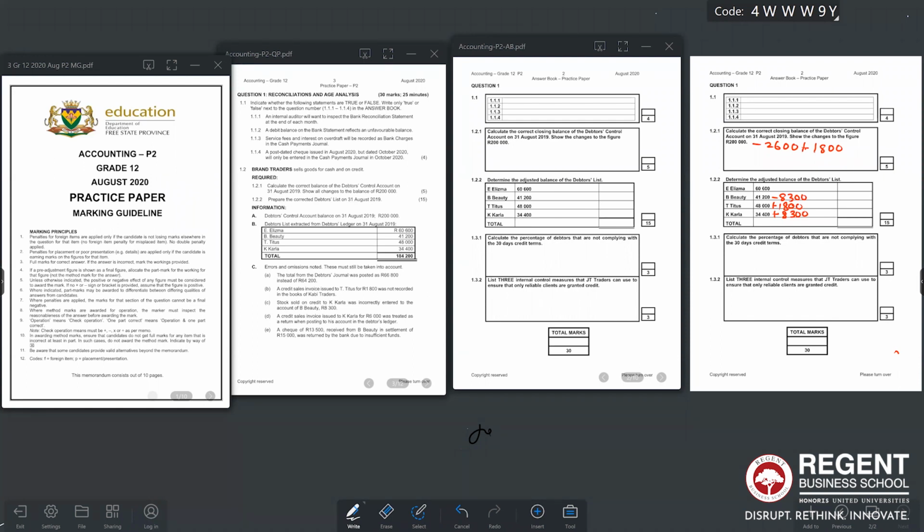Remember as a rule, if you make an entry in the correct account, like in this case, we made an entry in Carla's account, but we put it on the wrong side. So as a rule, if you make an entry in the correct account, but put it on the incorrect side, you must double the figure.